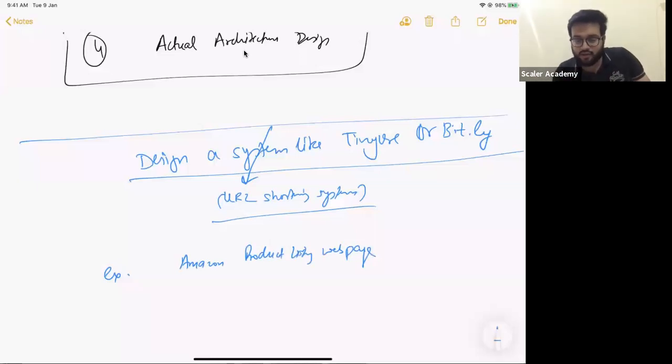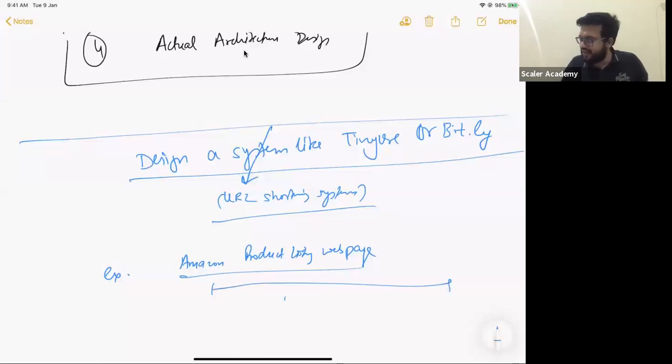Now let's say you want to share those URLs with your friends, or let's say you are some kind of a retailer who has some listing on Amazon, and you would want to share that link with everybody in your contact list, so that if they want, they can buy your product from Amazon.